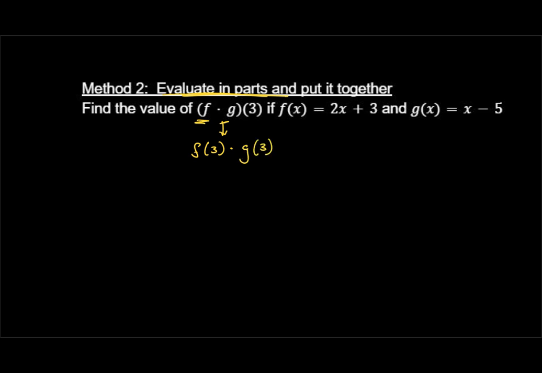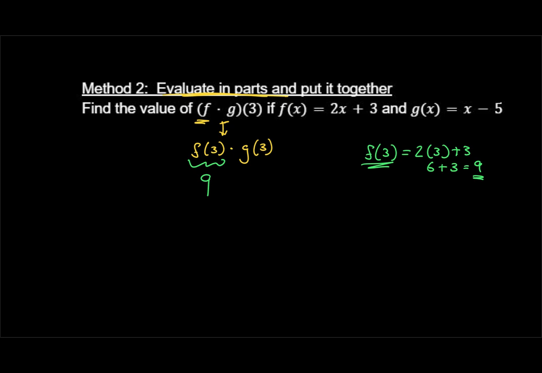We can easily find those two values separately. If I find f of 3 off to the side here, f of 3 is going to be 2 times 3 plus 3. 2 times 3 is 6, and 6 plus 3 is 9. So I know that f of 3 is 9.